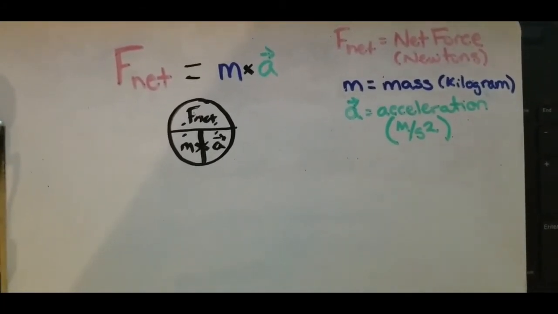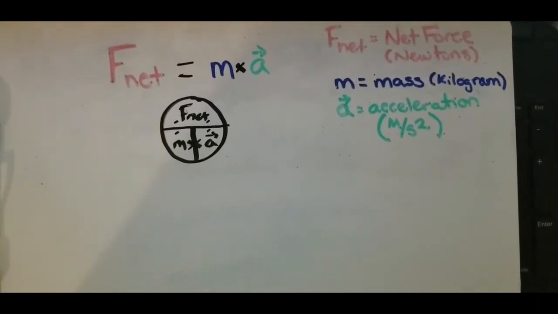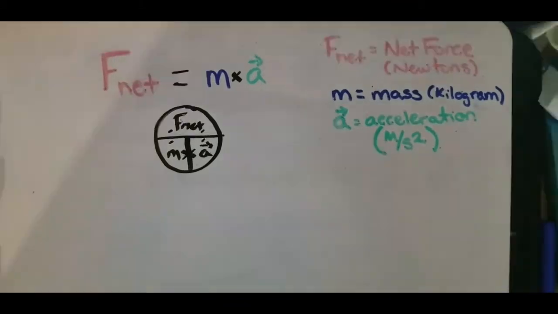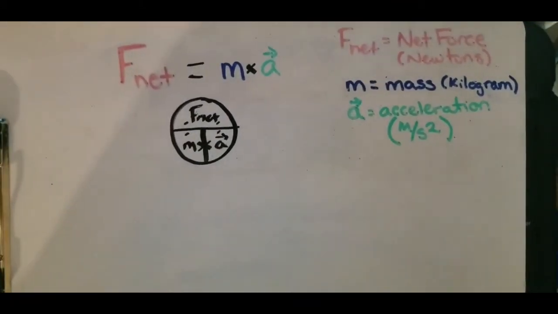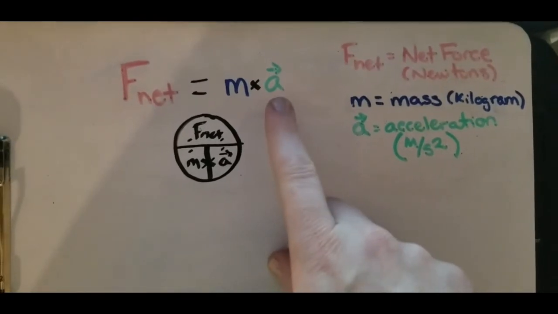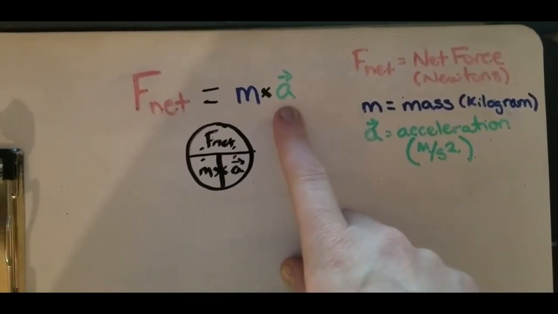I have cleared my board so that we can take a look at the next problem, which is this one. In this problem, we are looking for the acceleration of the semi-truck.